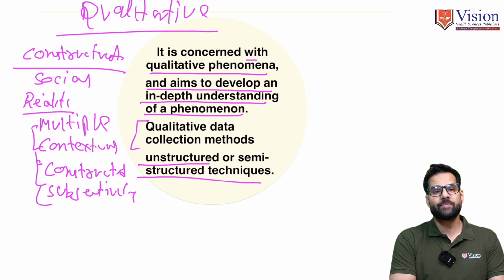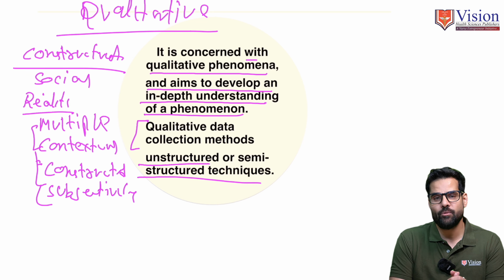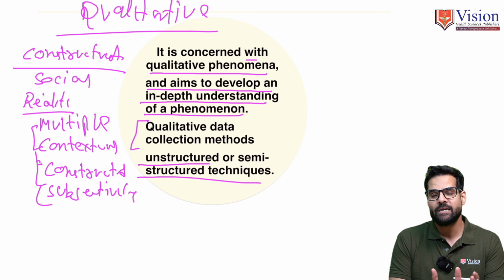So if somebody is using a qualitative approach, it is more about in-depth understanding of a phenomenon. And to understand something in depth, you need to have a close association or relation with the informants or the subjects. So that is why they are more subjective. Here the researcher uses their own wisdom or understanding to liaise with the subjects.